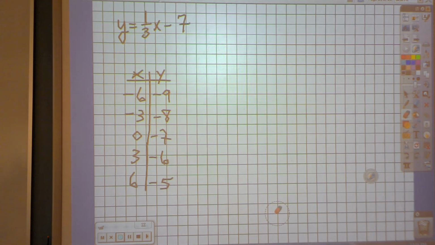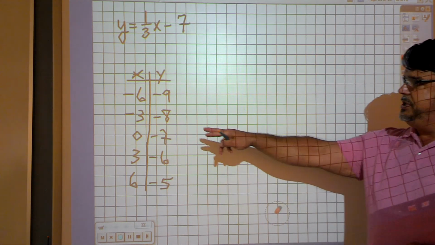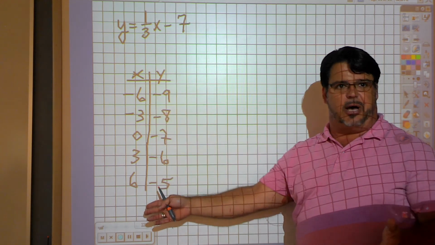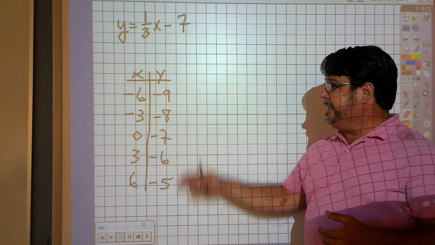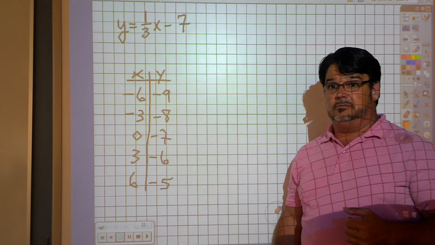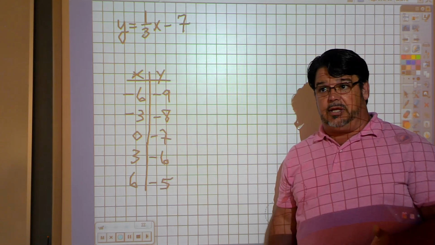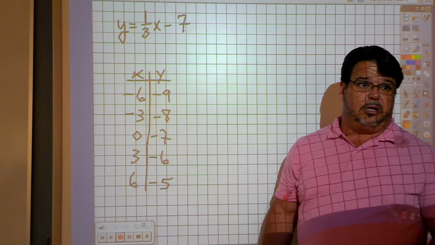What they're wanting you to see is that when you do a graph, the x values are the domain and the y values are your range. In this problem, our domain is -6 to 6, and our range is -9 to -5. Now, if I put arrows on the end of that, then what will our range and domain be?